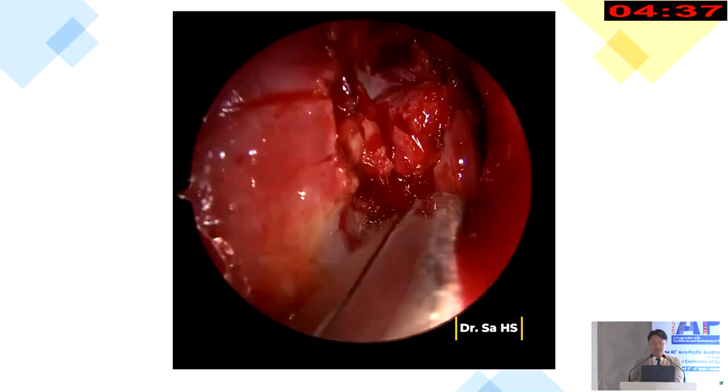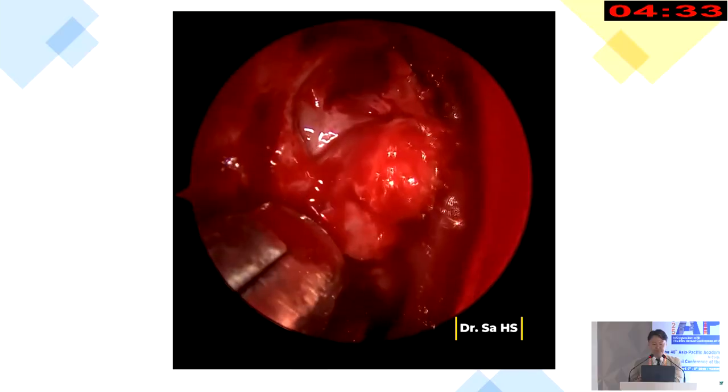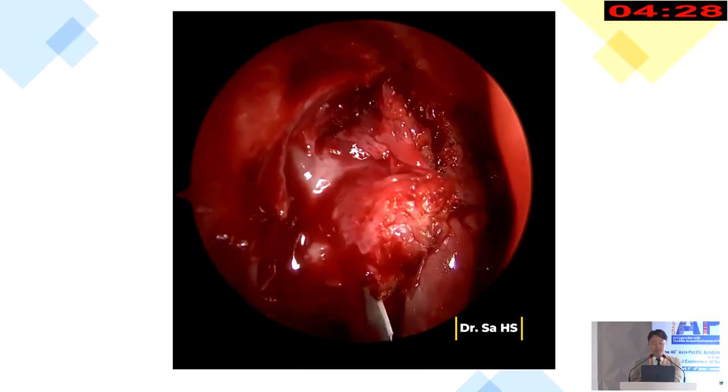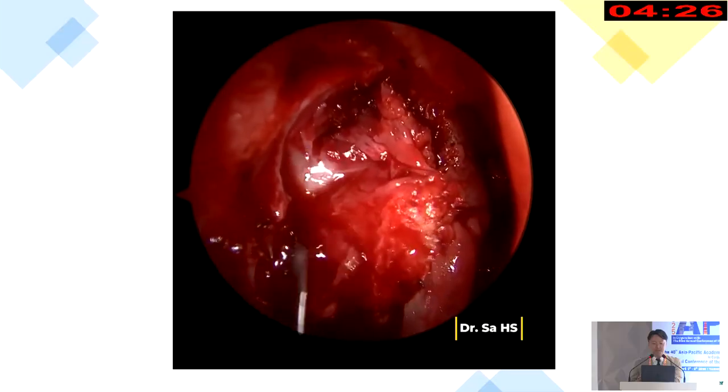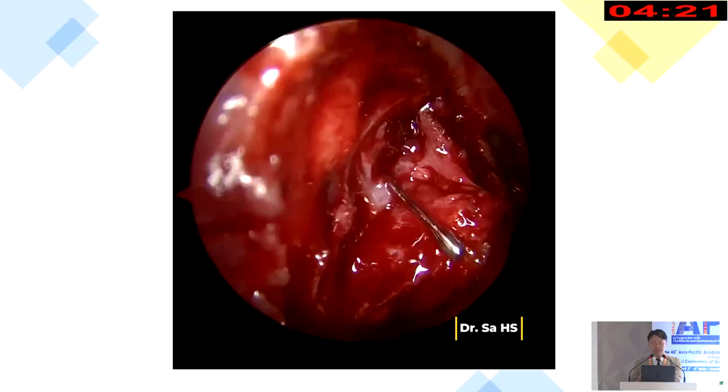The inferior osteotomy is enlarged, and the inferior portion of the lacrimal sac is completely exposed. A silicone tube is inserted.